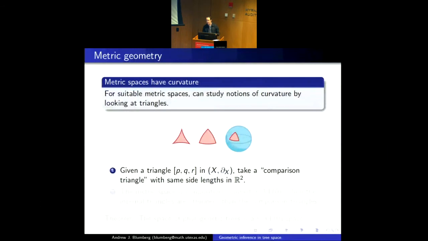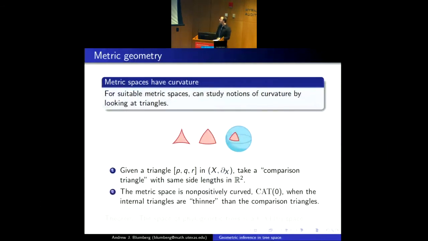If it's thinner, which is the relevant notion for us, then the word for this is CAT(0), or non-positively curved. The sphere is positively curved, while something like hyperbolic space is non-positively curved. The big theorem of Billera, Holmes, and Vogtmann is that the space of phylogenetic trees is CAT(0), a non-positively curved space. So it looks like that skinny triangle on the far left in the pictures.